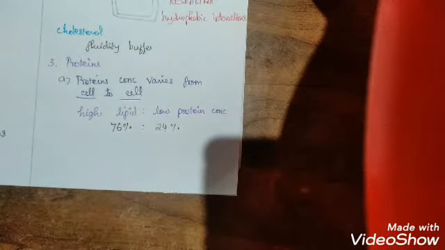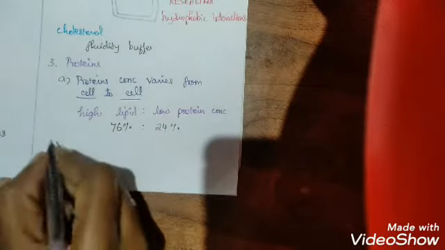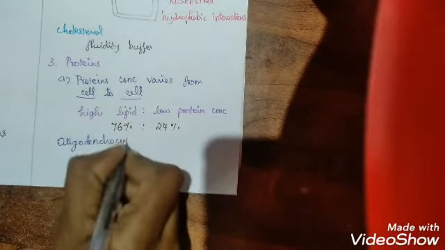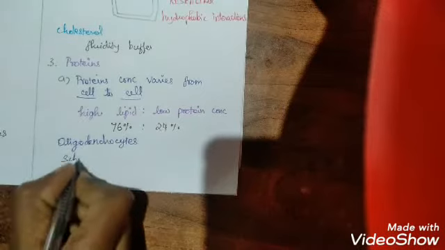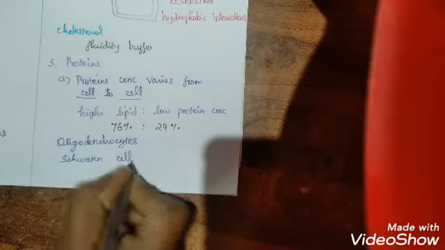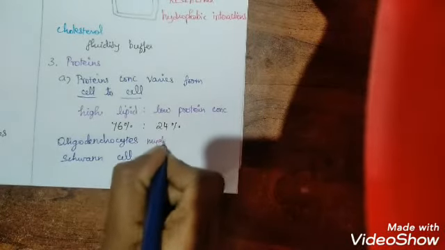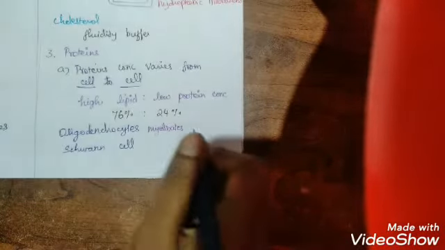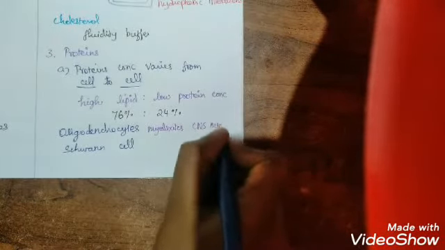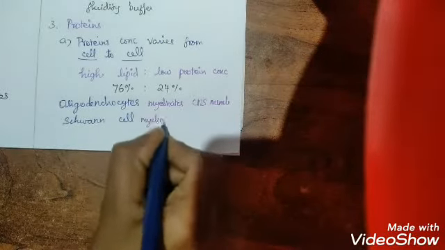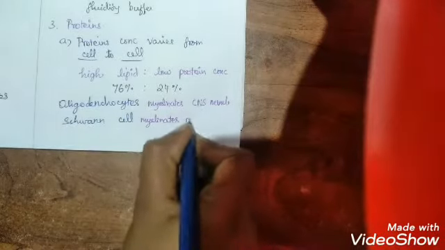This ratio is seen in oligodendrocytes and in Schwann cells. Oligodendrocytes myelinate the CNS membrane and Schwann cells myelinate peripheral cells.